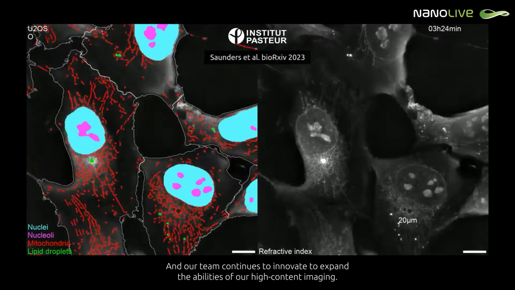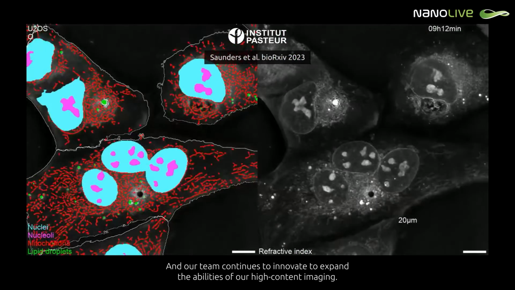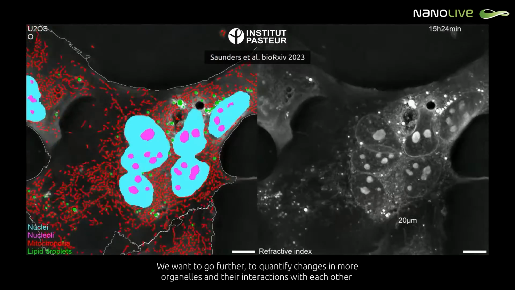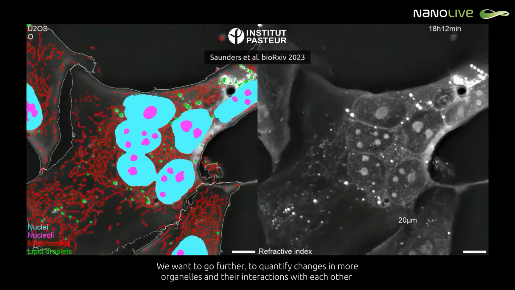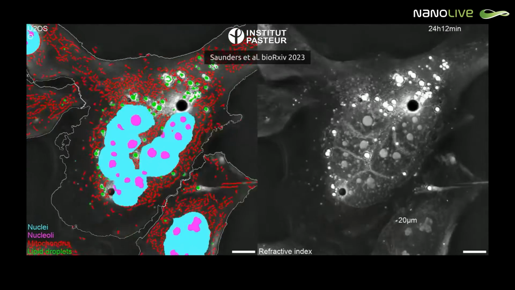And our team continues to innovate to expand the abilities of our high-content imaging. We want to go further to quantify changes in more organelles and their interactions with each other to reveal even deeper insights into cellular responses.